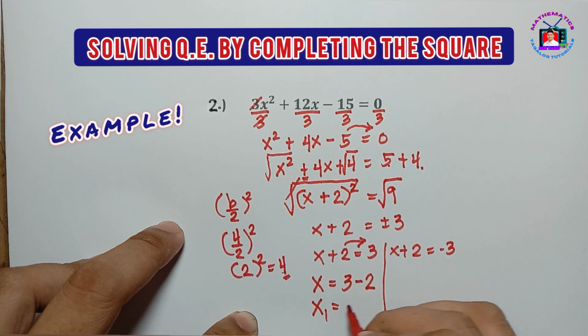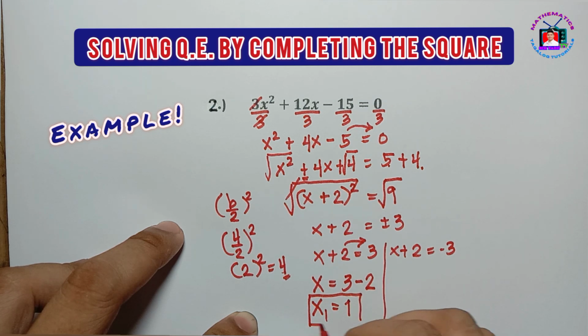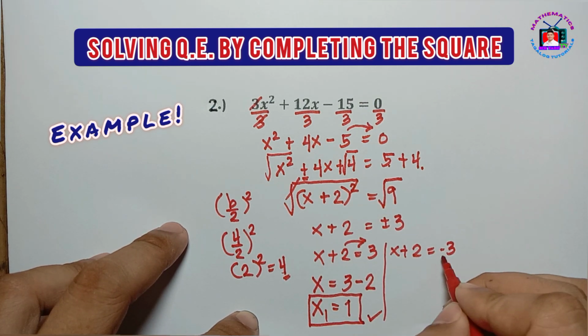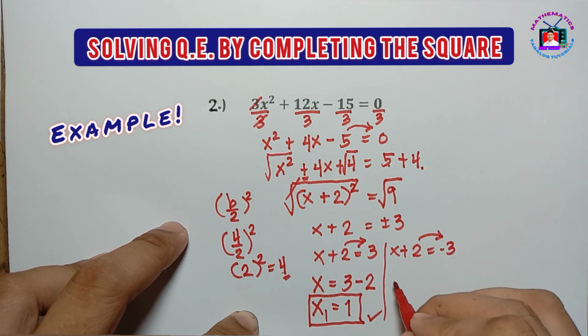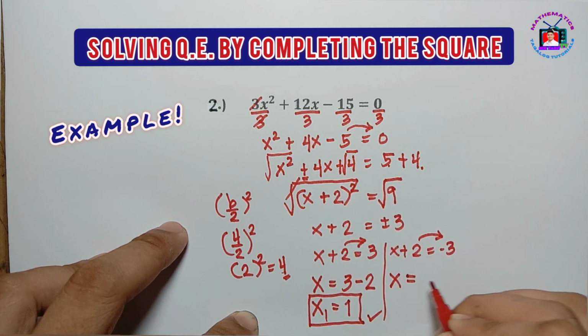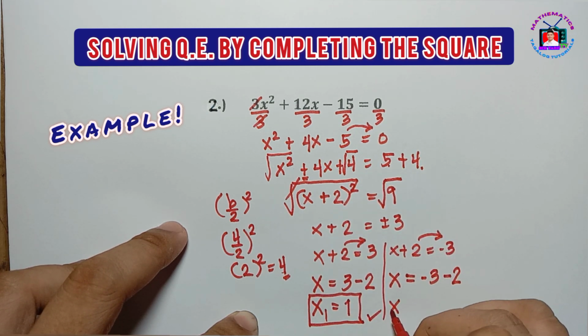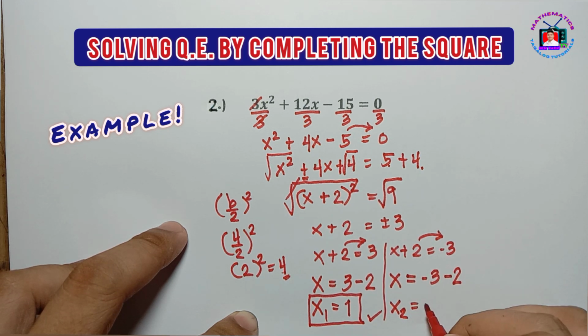X sub 1, we have positive 1. The next is x sub 2. So solving for the value of x sub 2, the same process, transpose to the right. Positive 2, bring down x, bring down negative 3, and positive 2 will become negative 2. So x sub 2 will become negative 5.